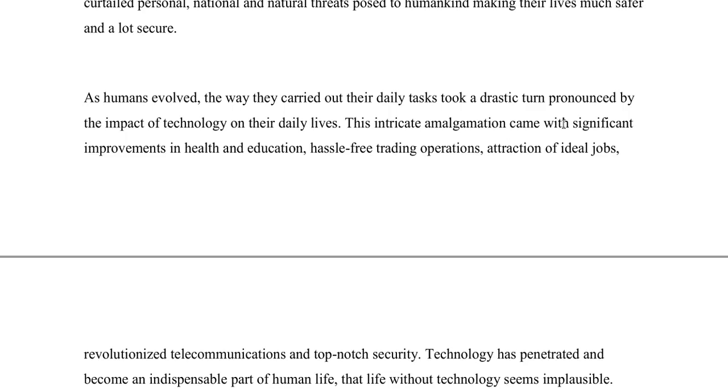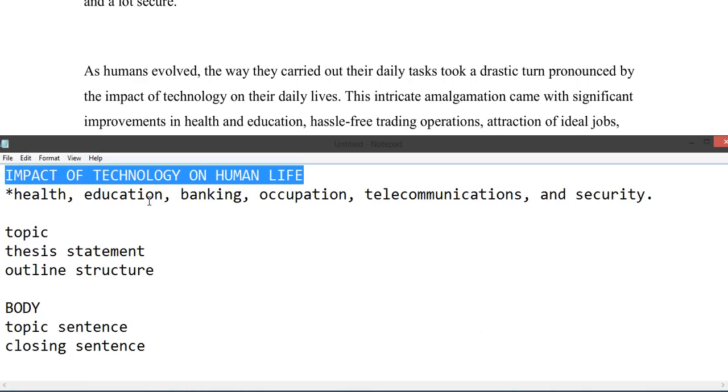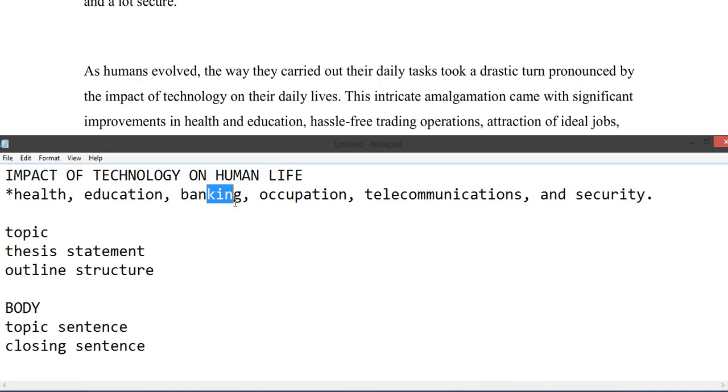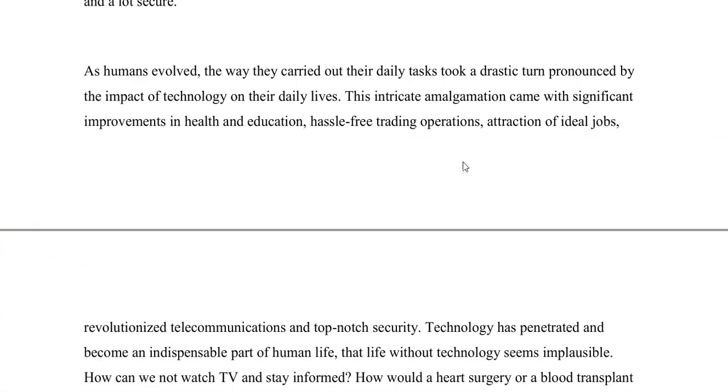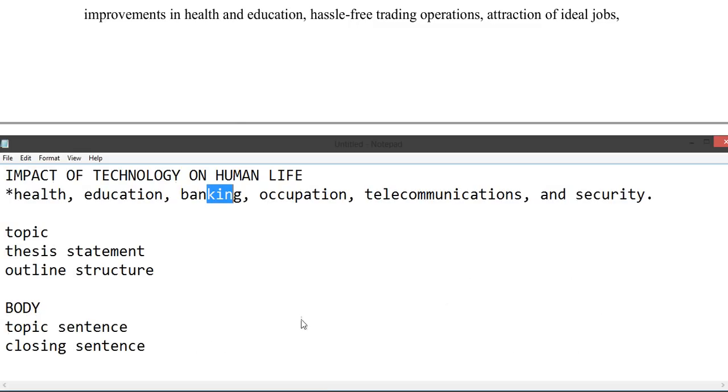This intricate amalgamation came with significant improvements. This is the supporting details section. This intricate amalgamation came with significant improvements in health and education, hassle-free trading operations, that is what you call banking and finance, attraction of ideal jobs, that is the occupation, revolutionized telecommunications and top-notch security.